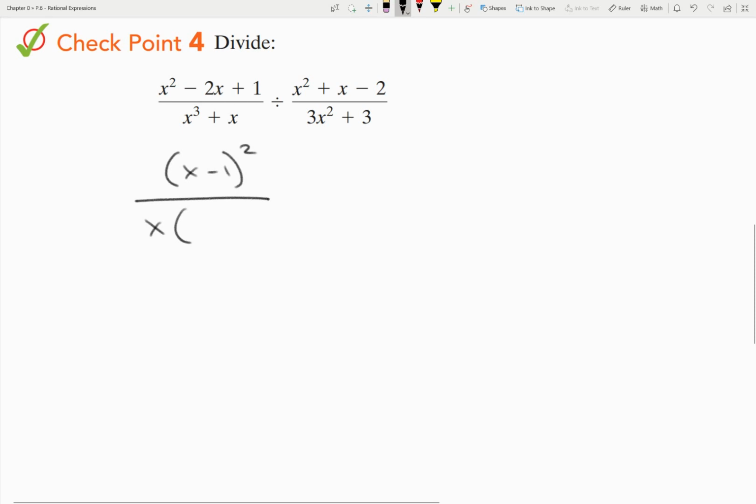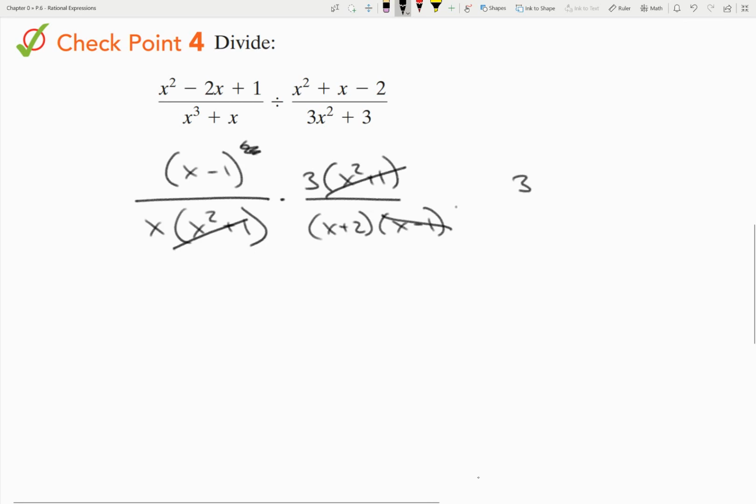X factors out, and we're left with x squared plus 1, which does not factor anymore, times, now the denominator goes to the numerator, factor out the 3, x squared plus 1, oh look at that, that's going to cancel, that's nice, and that's going to be x plus 2, x minus 1. All right, so one of these cancels with that one. This cancels with this. And we're left with an interesting expression here.